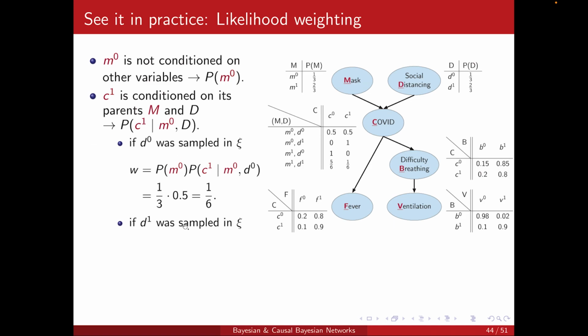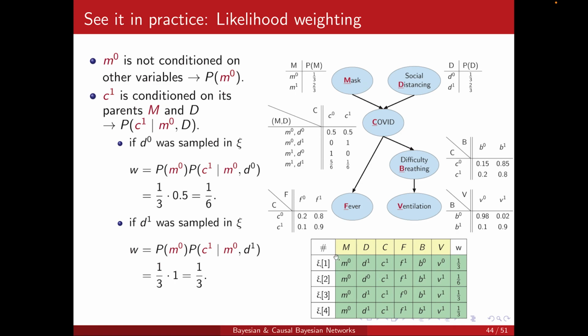And if D1 was sampled, same story, and we can calculate the weights in both cases. The whole point is that the weight for M0 and the weight for C1 have to be multiplied with each other, so we have a total weight.